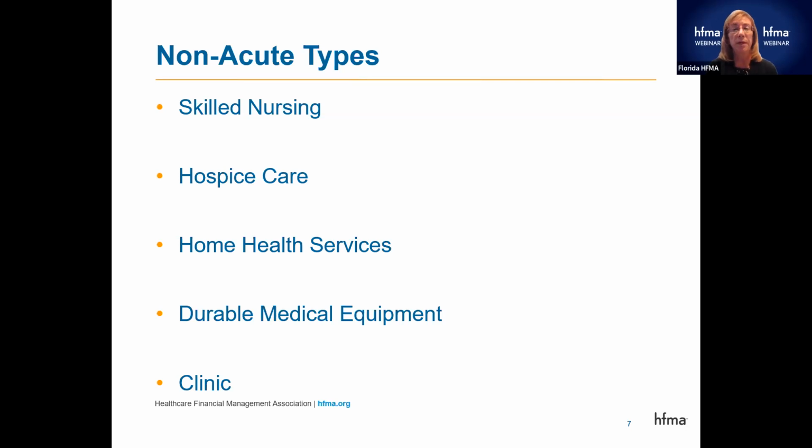Typically, Medicare will only cover services in a skilled nursing facility if the patient was transferred after at least a 3-day inpatient stay for a related illness or injury. We know that with the pandemic, some of these restrictions were removed to facilitate care. However, the regulation has not been permanently changed.